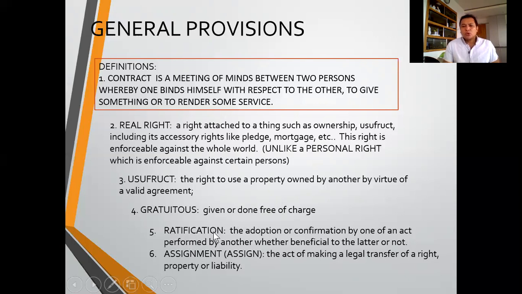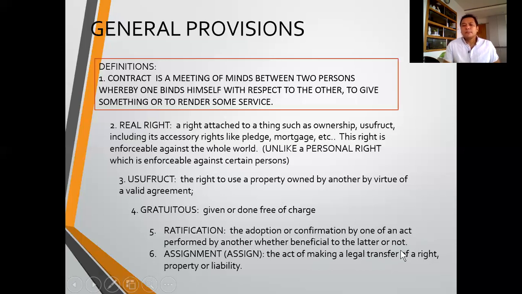Ratification is also important. This is the adoption or confirmation by one of an act performed by another, whether beneficial to him or not.